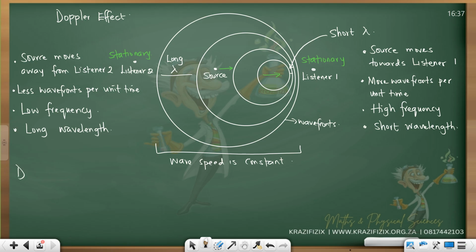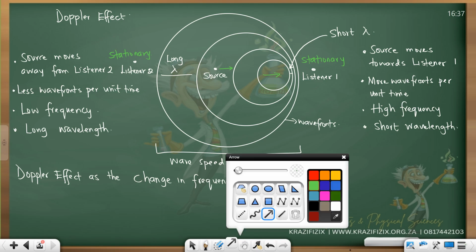We can then define the Doppler effect now as, okay, I know they changed it in the exam guideline, but I don't like that new definition. The word apparent is supposed to be there. But let's give them what they want. It's the change in frequency observed. Please, this is very important.